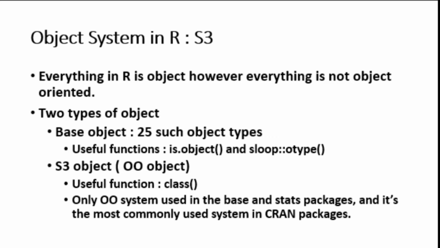This means there are two types of object in R. The first type of object does not have a class attribute. Such objects are called base objects because other objects are constructed from them. There are around 25 base objects in S3, which include most of the basic types in R.